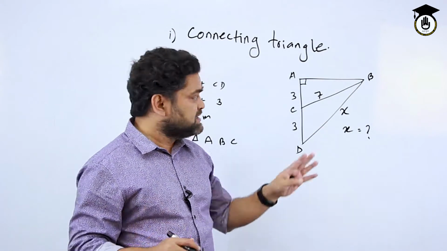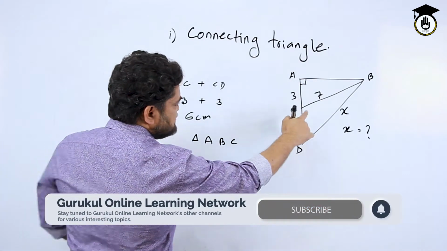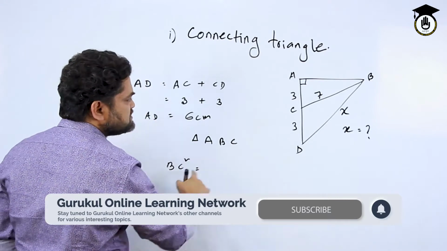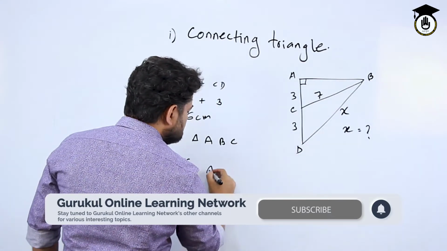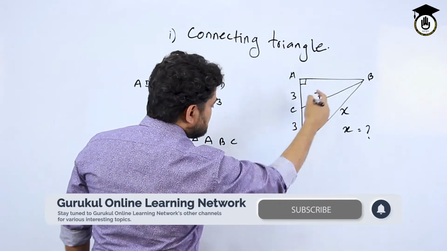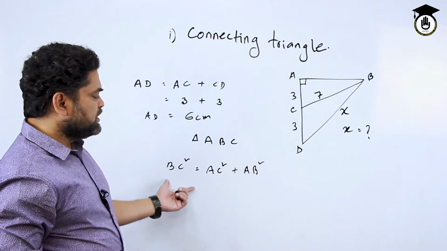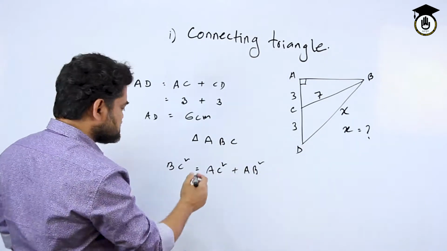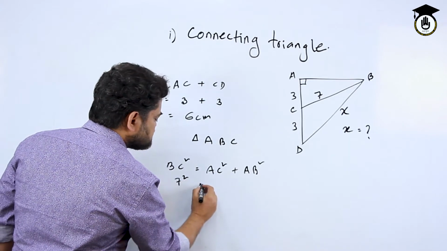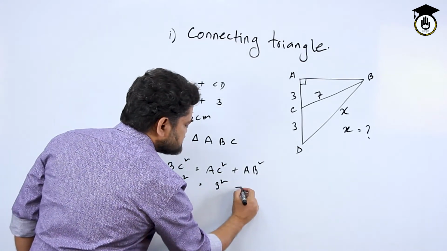In triangle ABC, BC is the hypotenuse, so the square of the hypotenuse equals the square of the opposite plus the square of the adjacent, as I showed in previous lectures. I will put the values: BC is given as 7, and AC is given as 3.